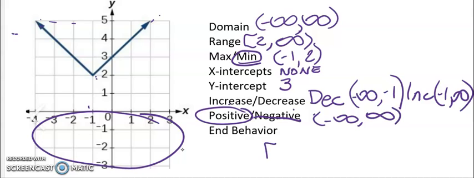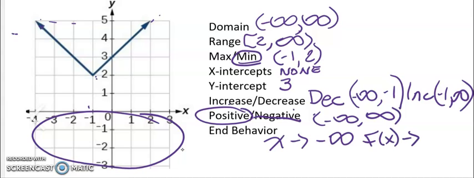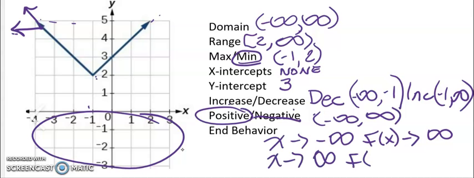In end behavior, our favorite one, as x approaches -infinity, y, or f of x, here's x going to -infinity, y is going up, so it's going to positive infinity. As x approaches positive infinity, f of x, here's x going to positive infinity, y is still going up. F of x approaches positive infinity.